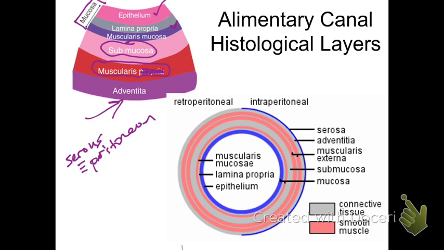But there are some sections of the intestinal organs that are not surrounded by the peritoneum. In that case, the outer layer can't be called a serosa, can it? If it's not a serous membrane, it can't be called a serosa. So the name is changed to the adventitia. To me, that word looks like I'm going on an adventure. So I'm outside of the normal area and outside of the peritoneum. When I'm on that adventure, I am going to be surrounded by the adventitia.